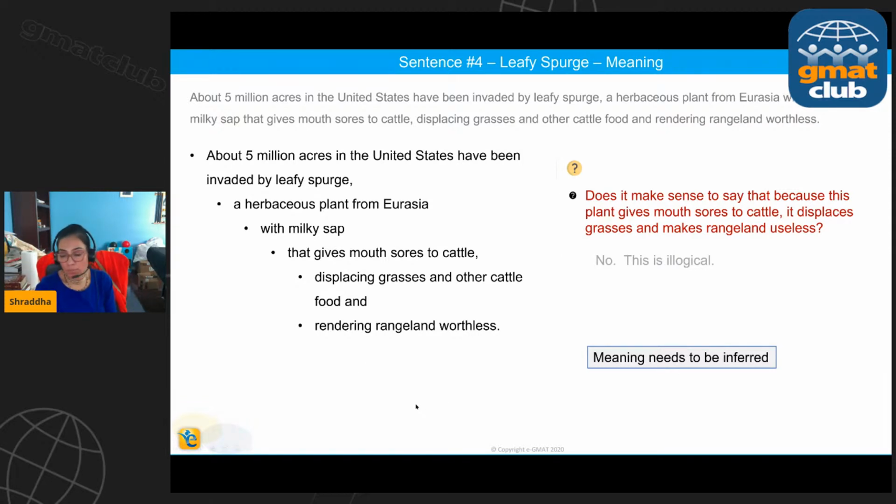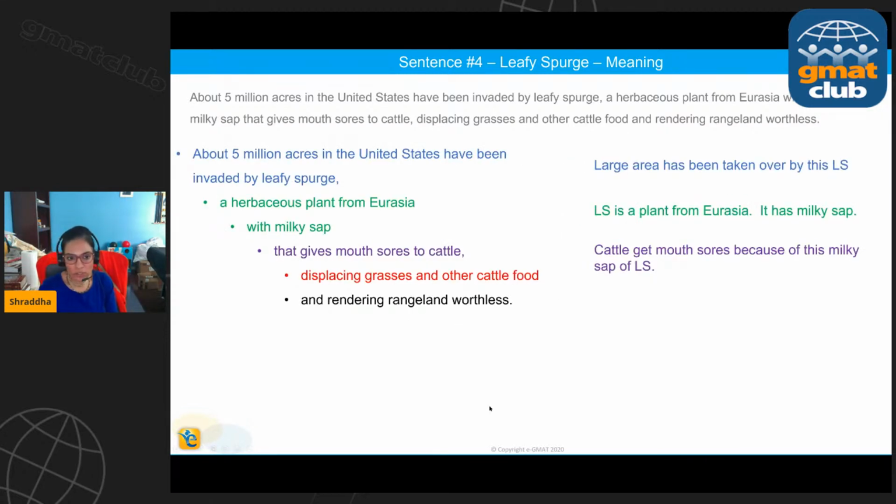And that's the beauty of our meaning-based approach, because when you do this kind of analysis, you first understand what the author wants to convey. And I'm repeating it over again, that then we decide the logic according to the meaning.